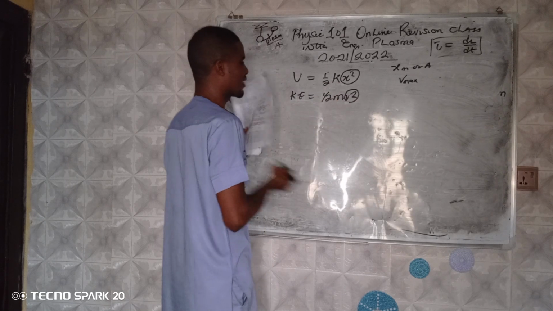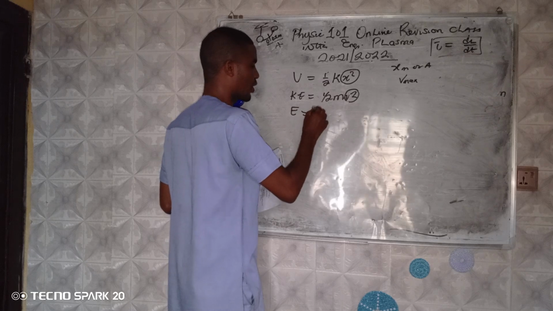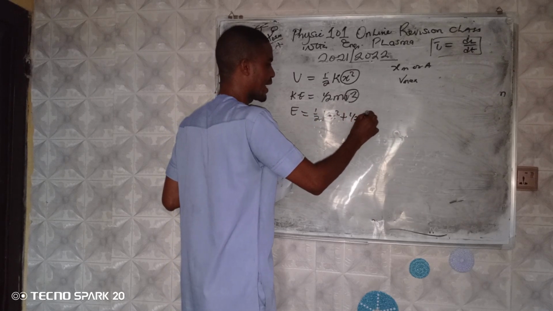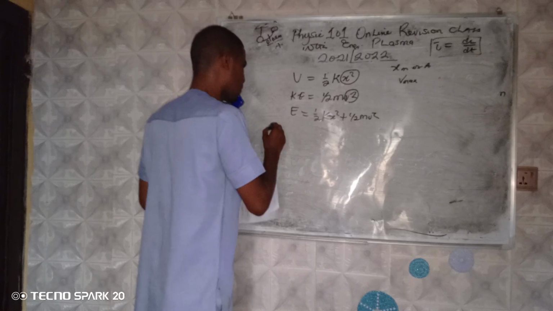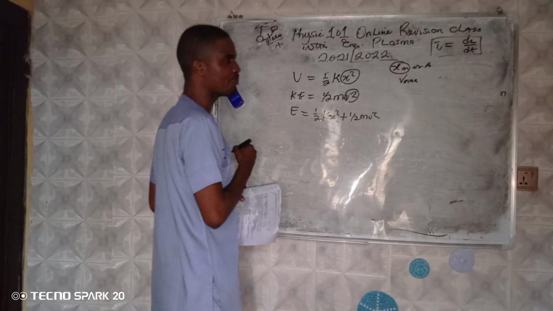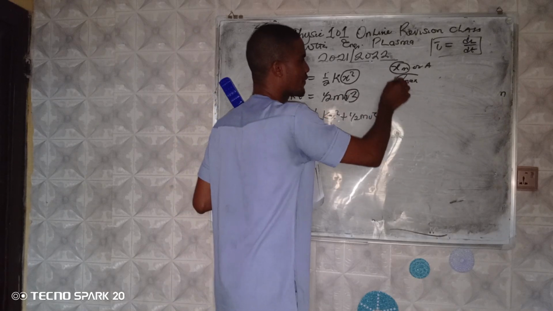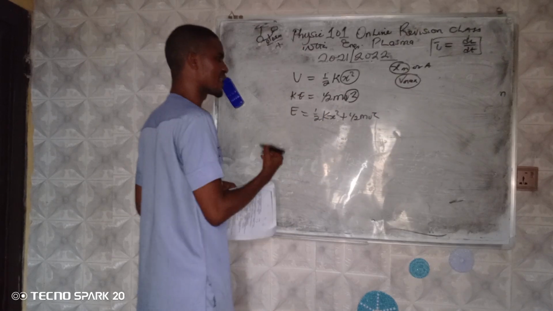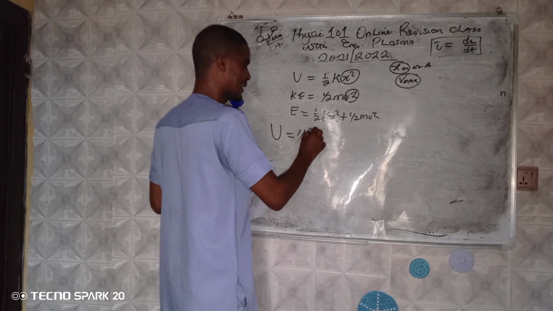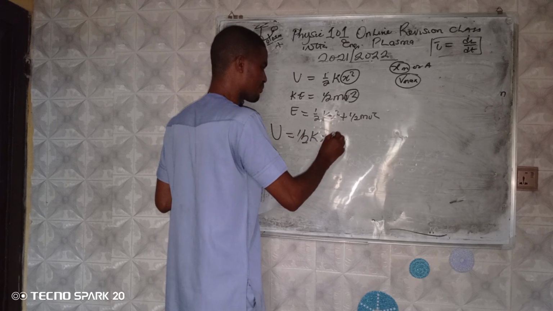is not maximum. So total energy becomes half kx squared plus half mv squared. Also, if you decide to use x as amplitude and you decide to use v as maximum, it will give the same result. That means your U becomes half kxm squared.